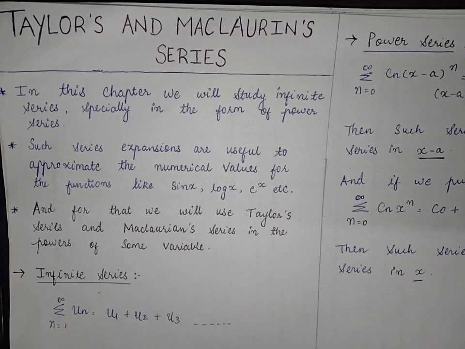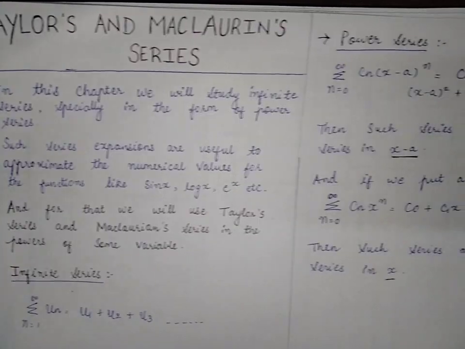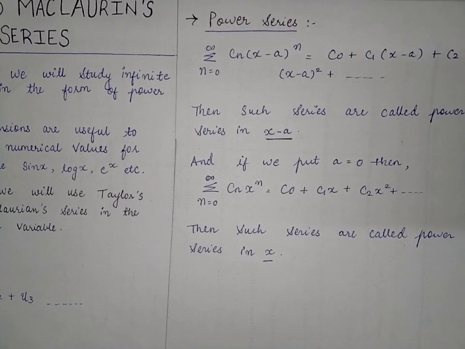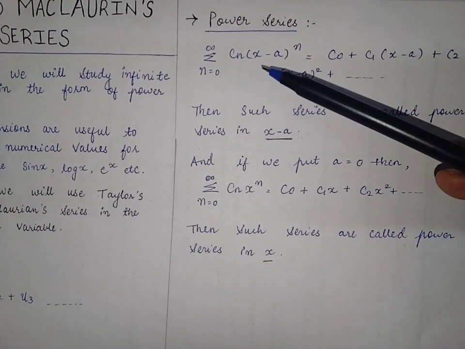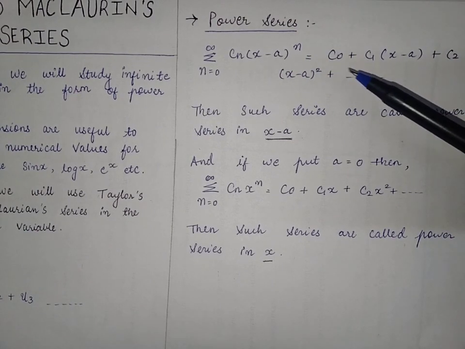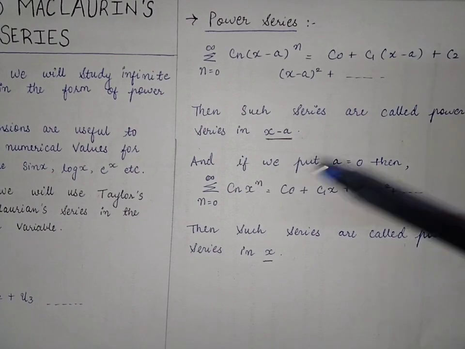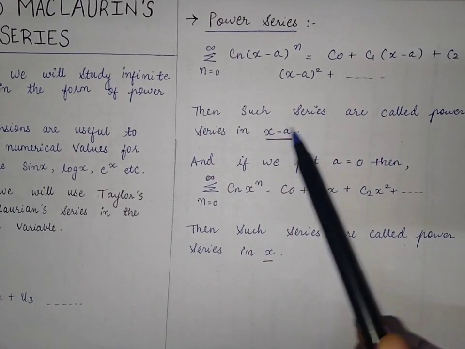We have already studied in convergent and divergent series that any given series from 1 to infinity is called an infinite series. And you all know the meaning of power series because we already did it in the previous lecture: whenever the series is given as summation n equal to 0 to infinity c_n (x minus a) raised to n, that is c0 plus c1 (x minus a) plus c2 (x minus a) whole square and so on, then such series are called power series in x minus a.